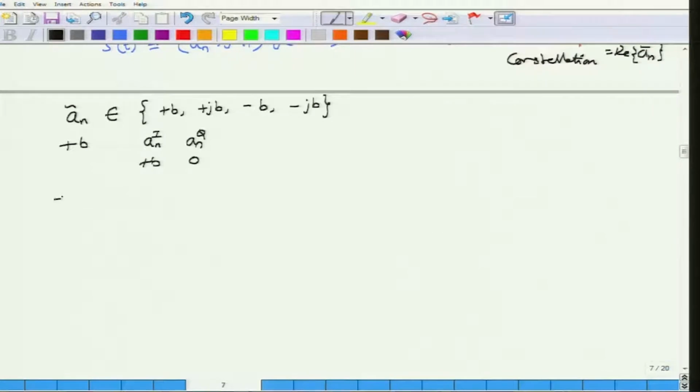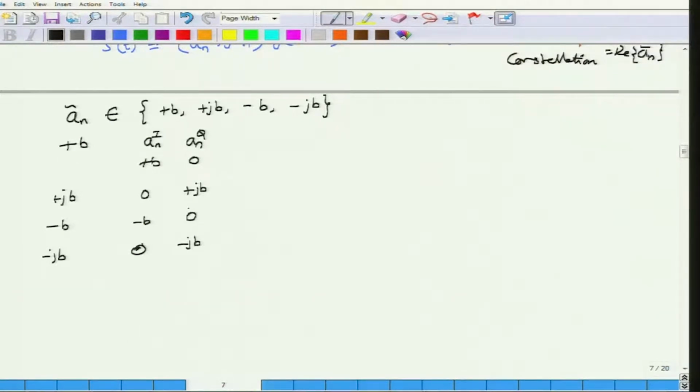For plus jb, ani would be 0 and anq would be plus b. For minus b, ani would be minus b and anq would be 0, and for minus jb, ani is 0 and anq is minus b.